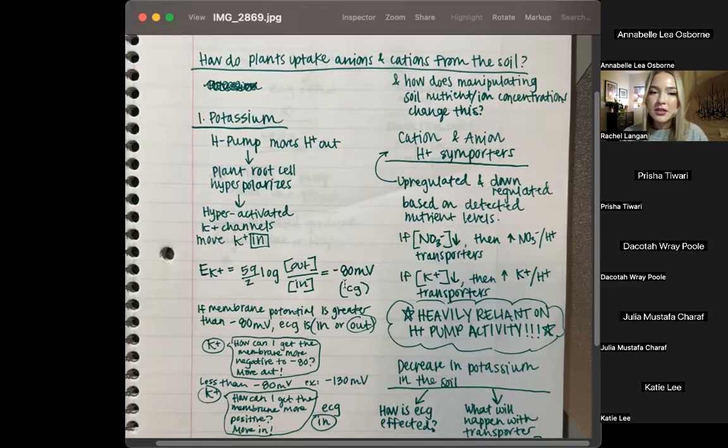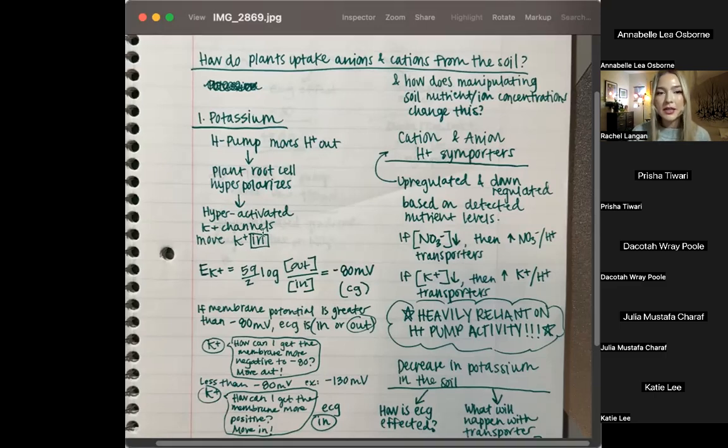But if you've changed this equilibrium potential to be negative 250, then now at negative 130, potassium actually wants to move in the opposite direction because it's trying to get the membrane potential to negative 250. How can it make it super negative? By moving out. So when you activate these hyperpolarization gated channels under these weird conditions, you don't get potassium moving in, you get it moving out.